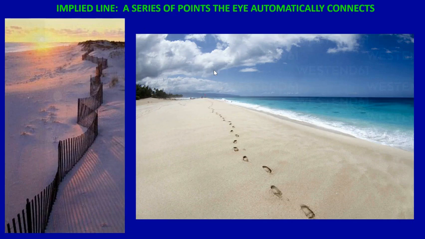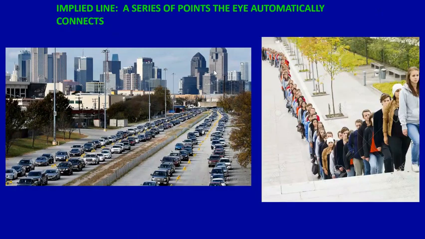All right, the book defines an implied line as a series of points that the eye automatically connects. With the photograph on the left, all these slats of the fence are placed next to each other to create this line snaking its way through the sand dunes. In the photograph on the right, these footsteps create an implied line going through the sand on the beach.